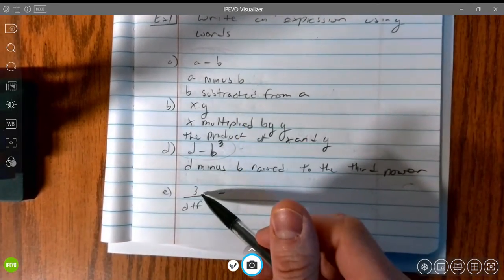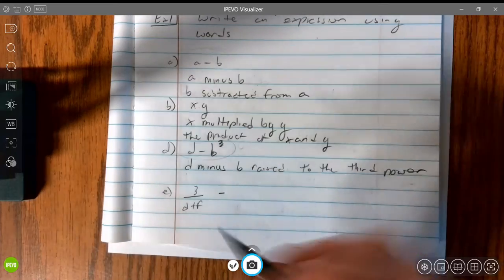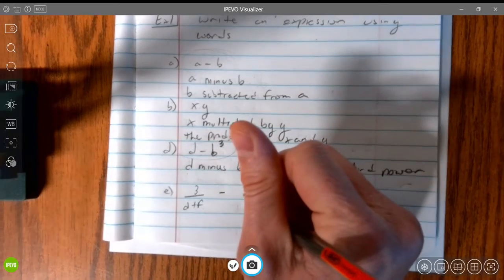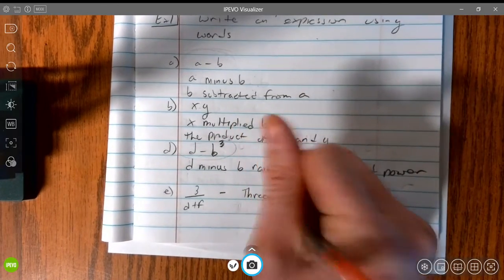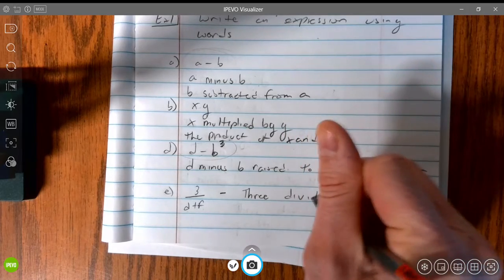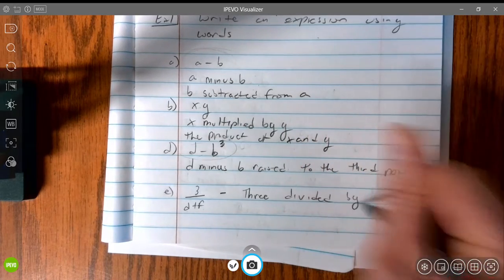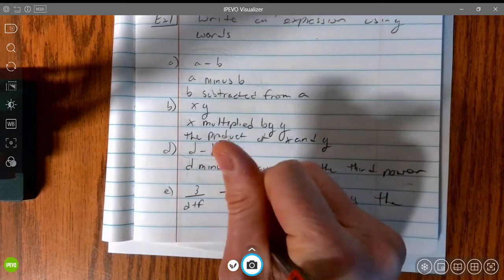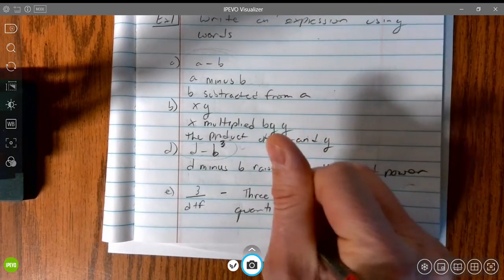So if this is 3 divided by D plus F, I can say 3 divided by the quantity D plus F.